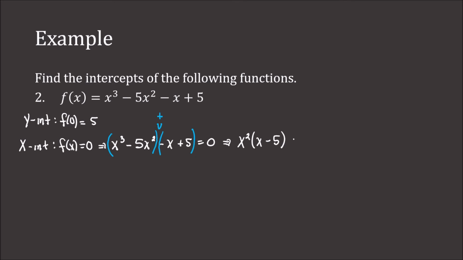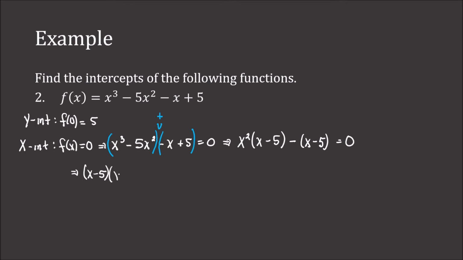Now the idea behind factor by grouping is we want to factor something out now of the second group so that we get x minus 5. Well, we can factor out a minus 1. So minus, and then we're left with x minus 5. Now there's an x minus 5 common, so we can factor that out.